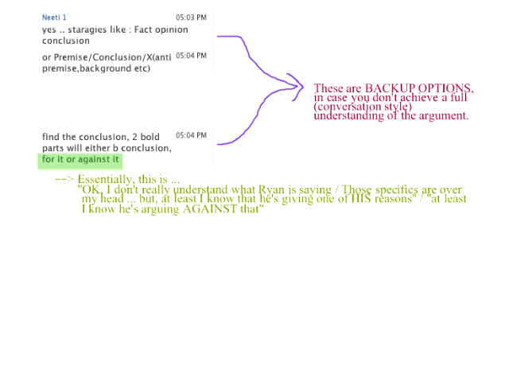Even if Ryan's arguing about complete technical nonsense, I can still figure out whether he is on board with any particular statement or not. So that's a backup. It's not a complete understanding, but at least you could figure out whose side this is on. All of those things are backups in that sort of way.